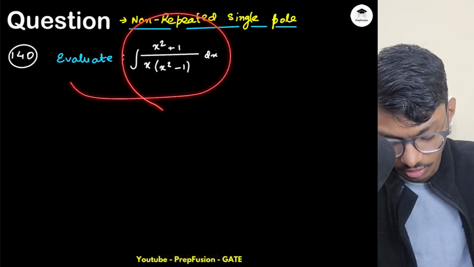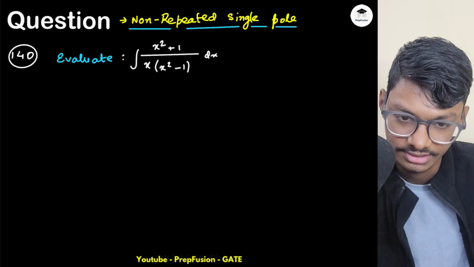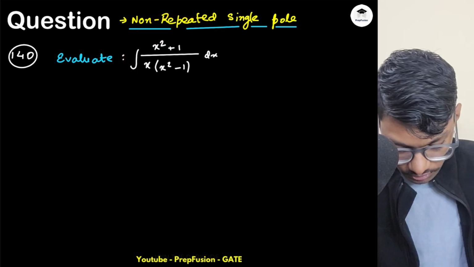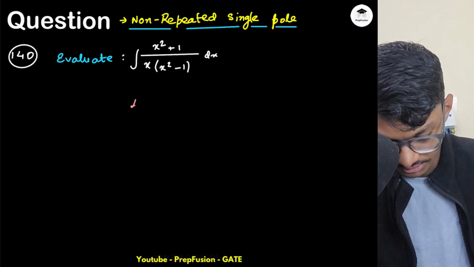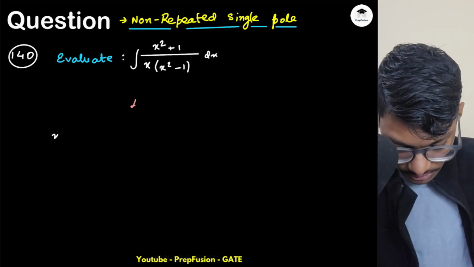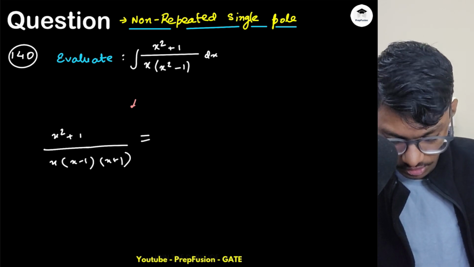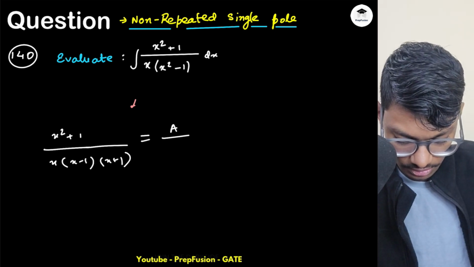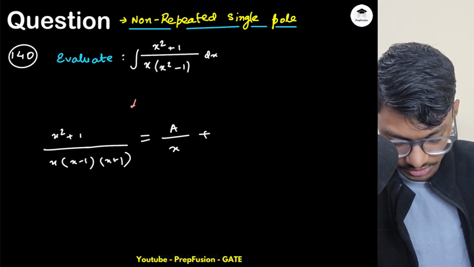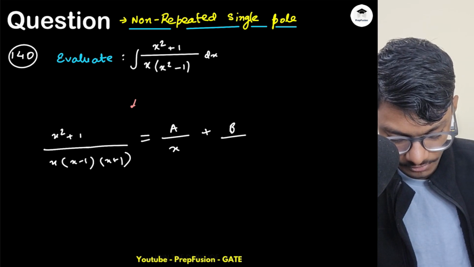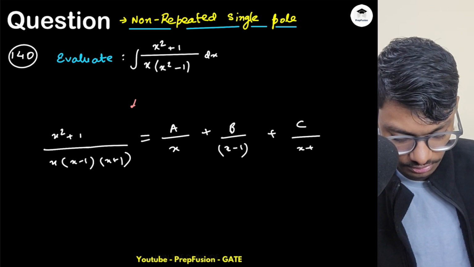Now I was talking about some other cases where I have non-repeated single poles. So you can again factorize this. You can further write this down: x squared plus 1 over x into (x minus 1) into (x plus 1) equals, I can write this as a summation of 3 factors: a by x plus b by x minus 1 plus c by x plus 1.